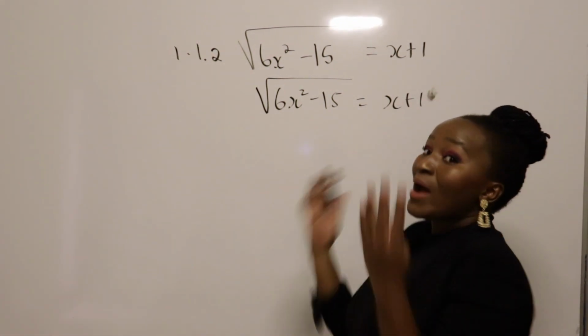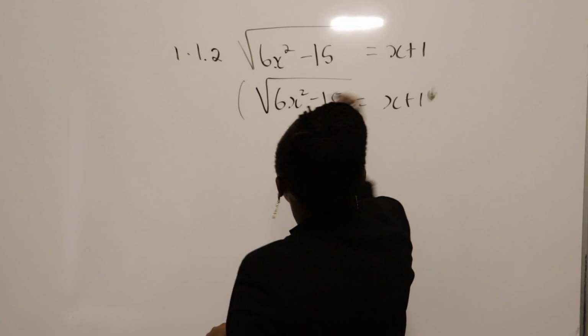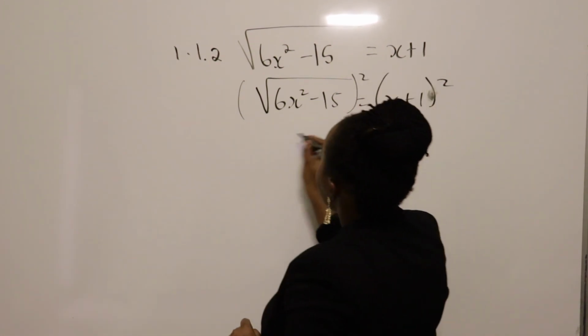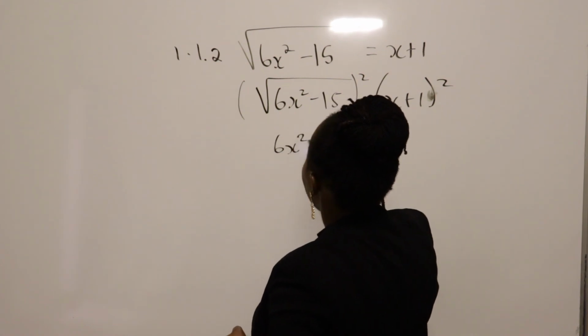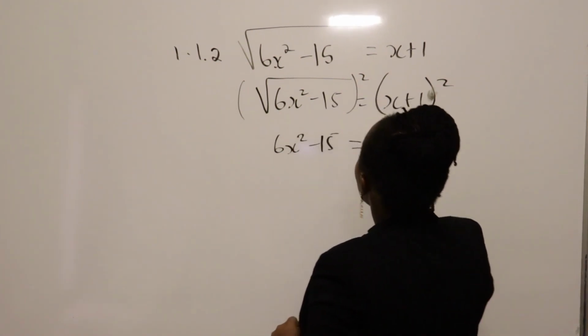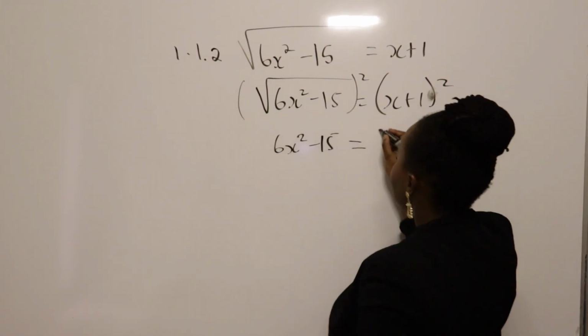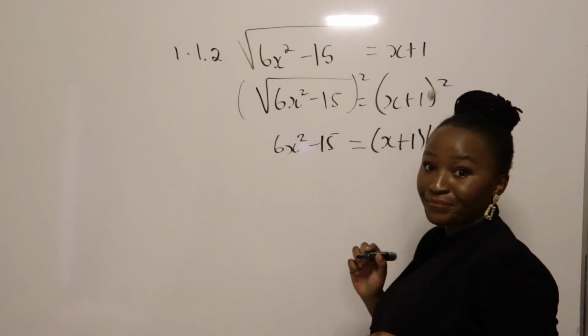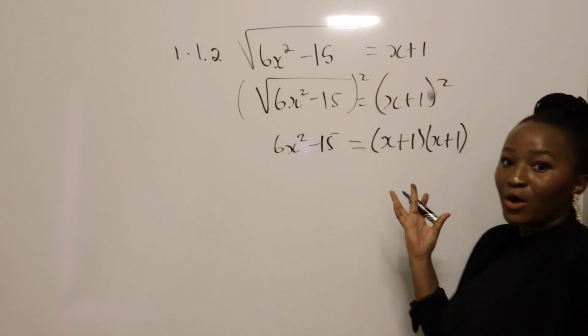So I will square both sides, to remove the square root. So this side I'll be left with 6x squared minus 15 equal to, I will expand this, x plus 1, x plus 1. Right? Here we go.